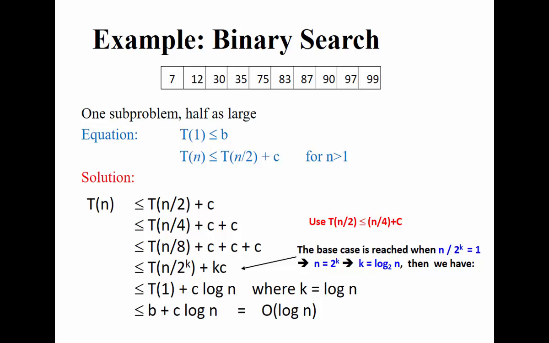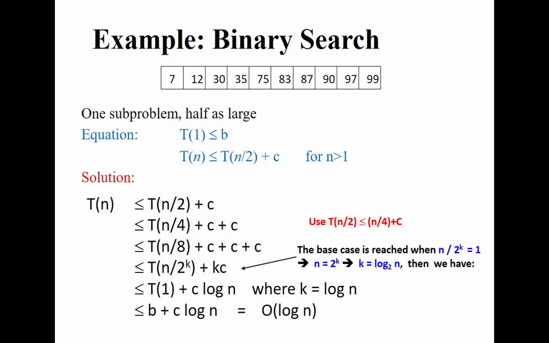So we substitute it back again. What is the time complexity to solve the problem of size n divided by 4? It is the time complexity to solve the problem of n over 8 plus c. We put it back inside the relation, so we end up with this formula. You see here, T of n divided by 2 to the power k plus kc. We can stop here.